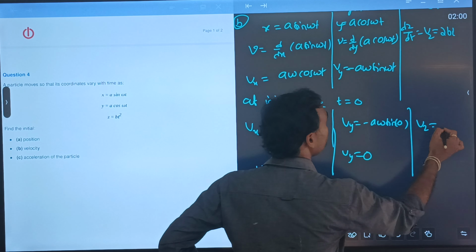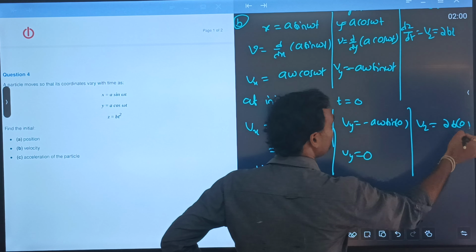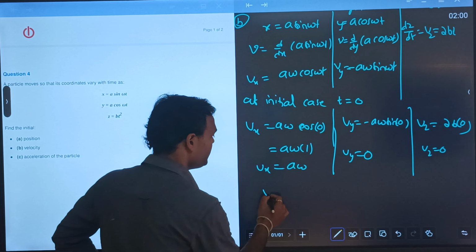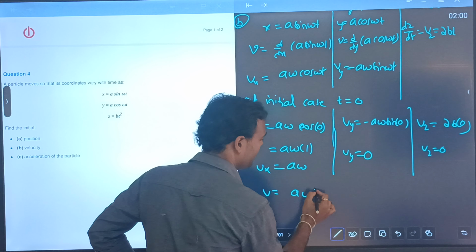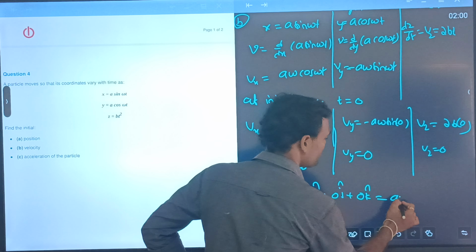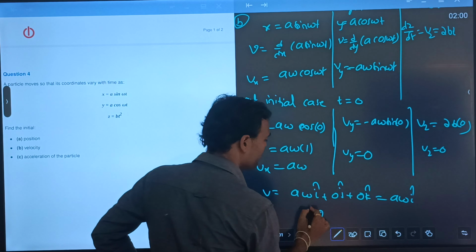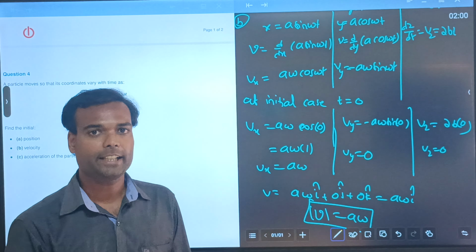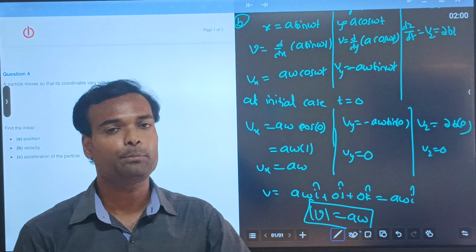Similarly, vz equals 0. Then finally, velocity equals a omega i plus 0j plus 0k, which equals a omega i. So the velocity magnitude is a omega. This is the velocity attained by the object at the initial position.